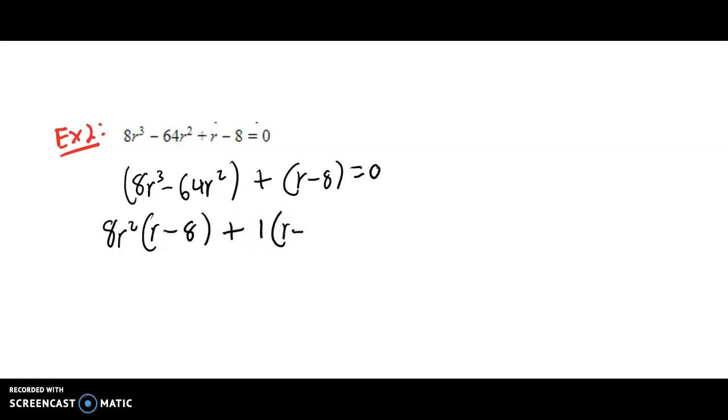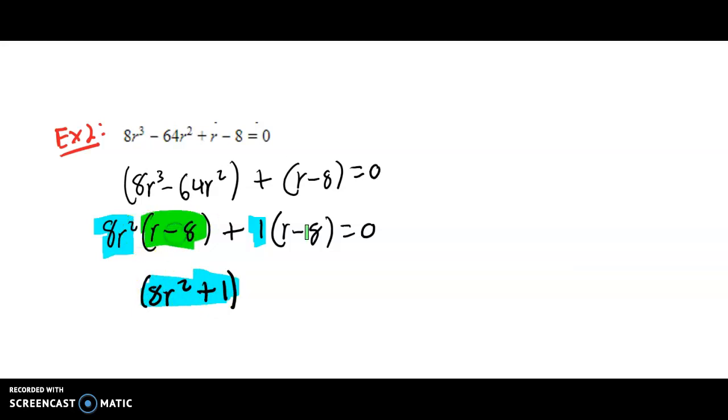So if they have nothing in common, I'm going to go ahead and put a 1 there. Okay, so the outside guys come together to form a group. That's 8r squared plus 1. Color code that. And then my r minus 8s also come together in a single group.